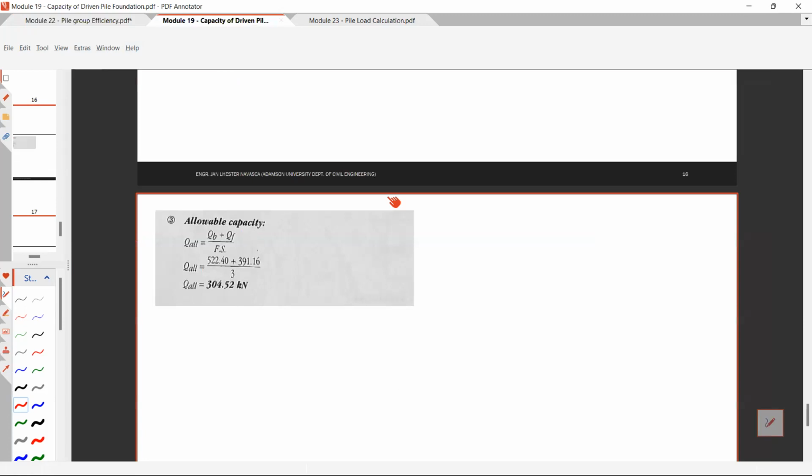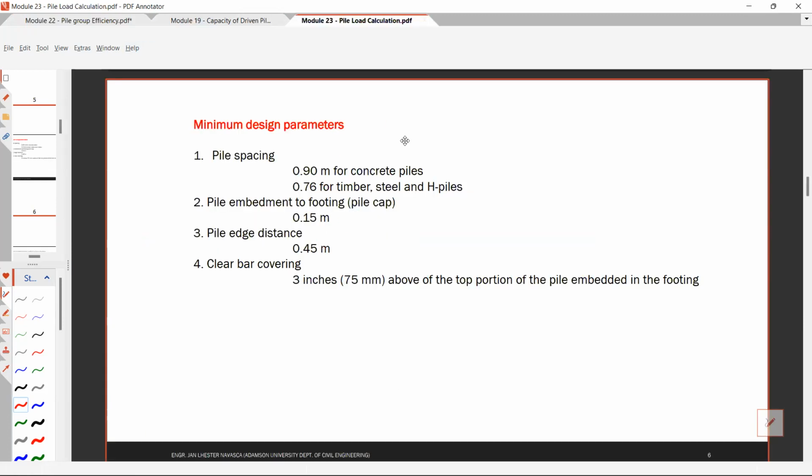And also, yung clear bar covering. Okay. Yung pile edge distance. So the typical pile edge distance is 450 millimeters or 0.45 meters. And the clear bar covering, 3 inches above the top portion of the pile embedded to footing.